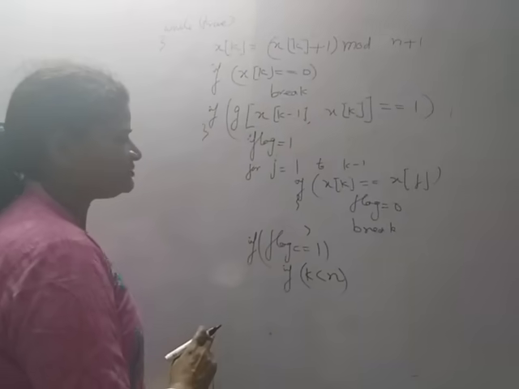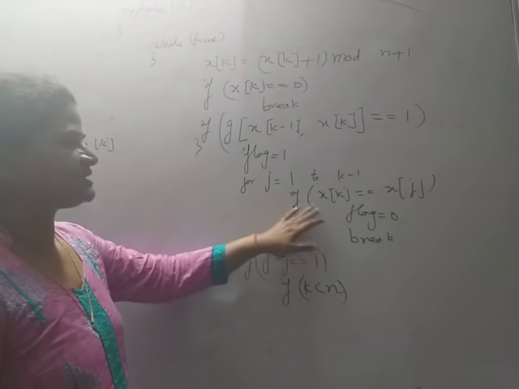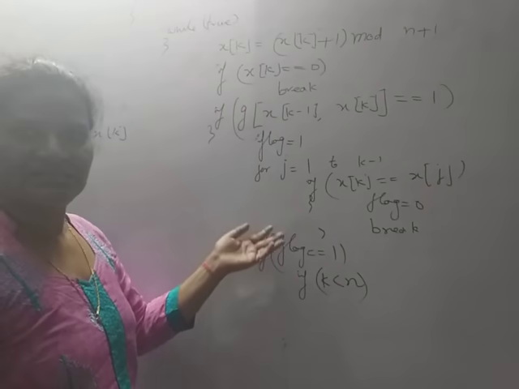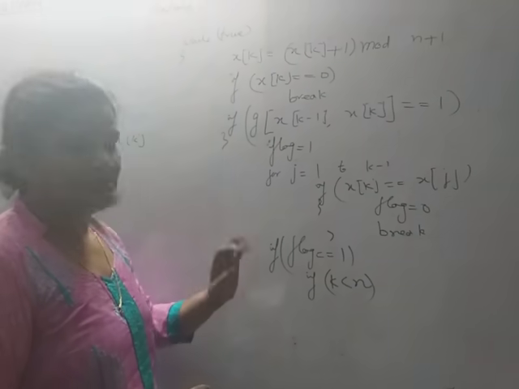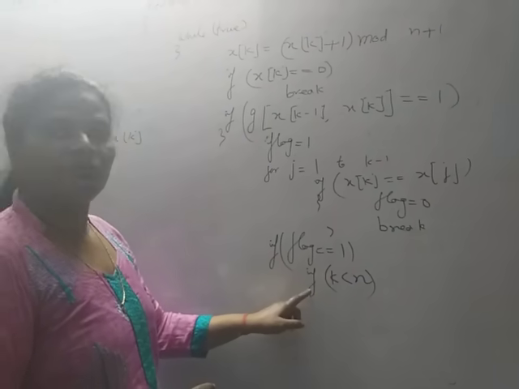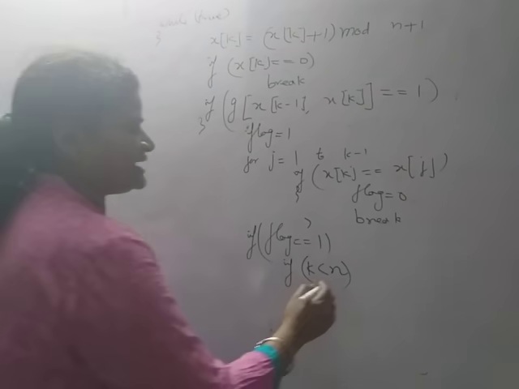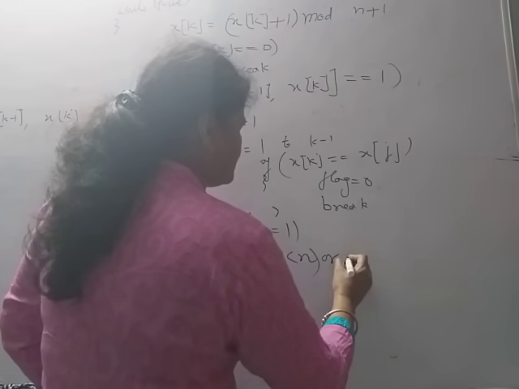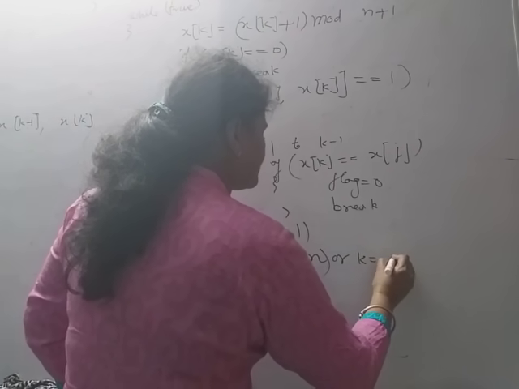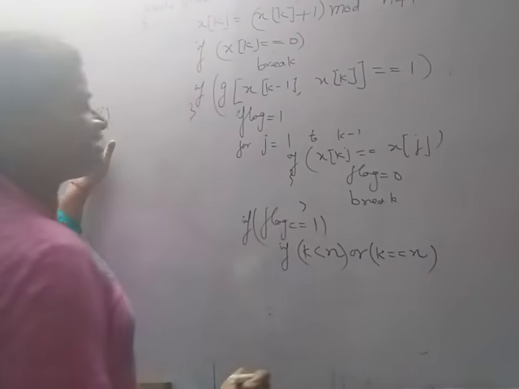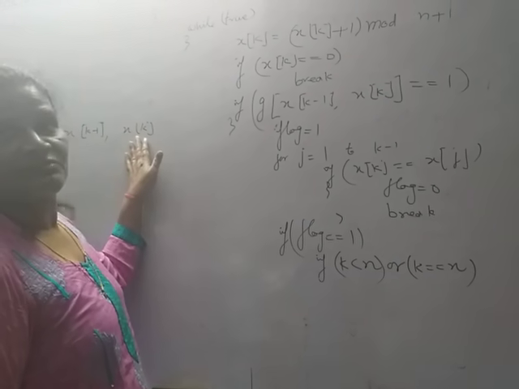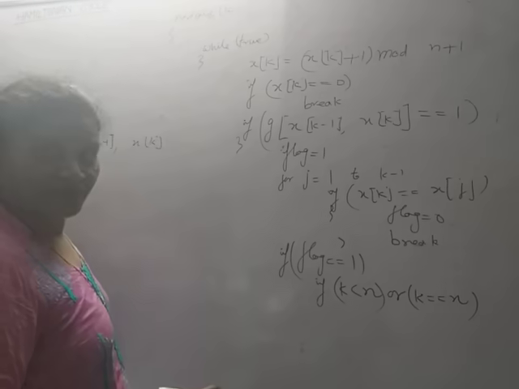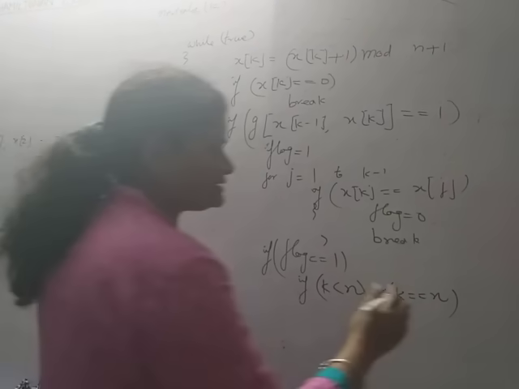If flag equal to 1, it means the xk vertex is different from all the k minus 1 vertices that have already been generated before calling this function. If flag equal to 1, if k is less than n, or k equal to n, if this is the nth vertex, then it should be equal to the first vertex to make it a cycle.